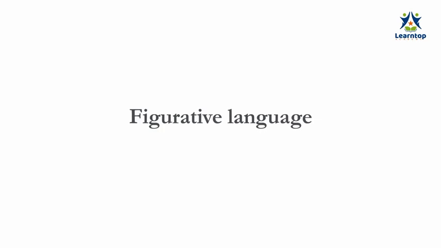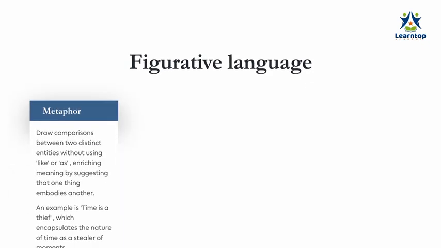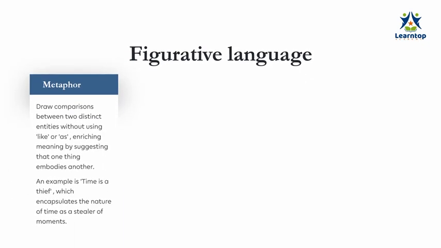Turning our focus to figurative language, we will see how it transcends literal interpretations and paints vivid imageries. The first one, metaphor, is used when comparison has to be made between two distinct entities without the use of like and as.